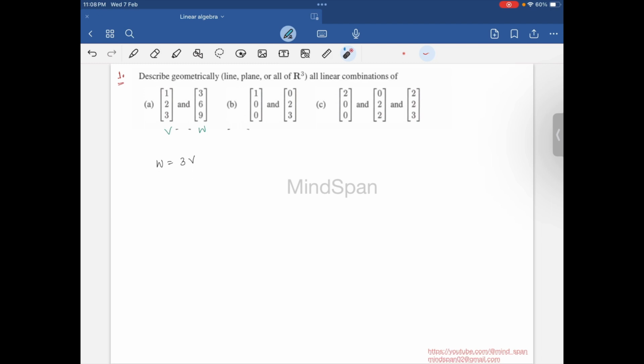If I ask you to plot this geometrically, you will take a three-dimensional space, because these two vectors belong to some three-dimensional space. So let me do that. Here we have our z-axis.